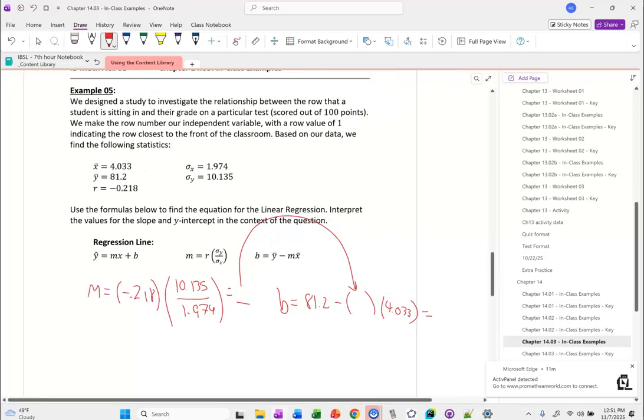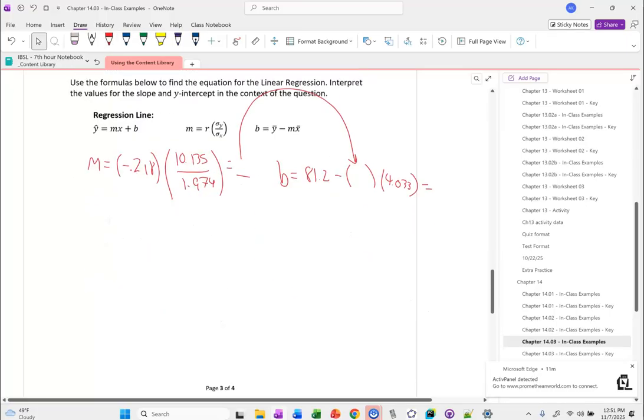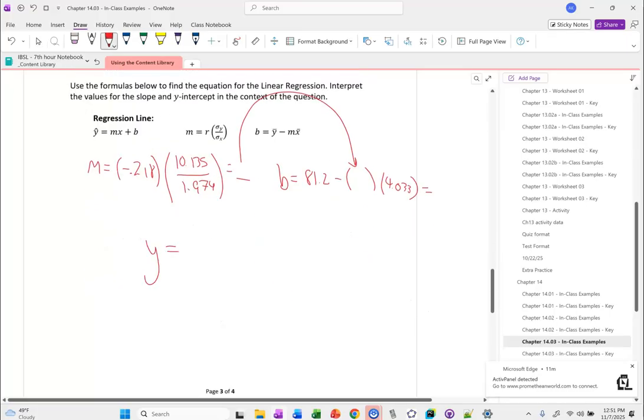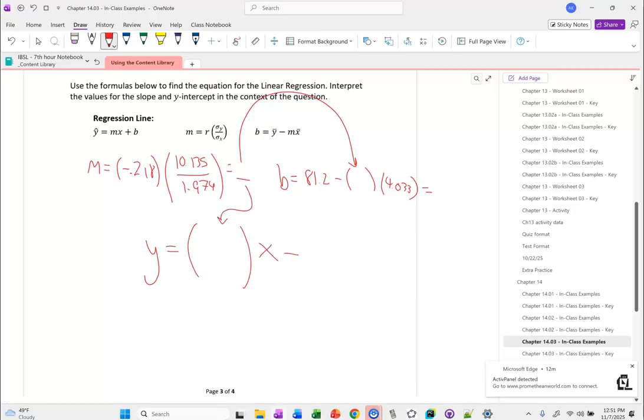Everybody's okay there? And then I write my regression line. And I'm done, right? Super easy. All you gotta do is grind some numbers, right?